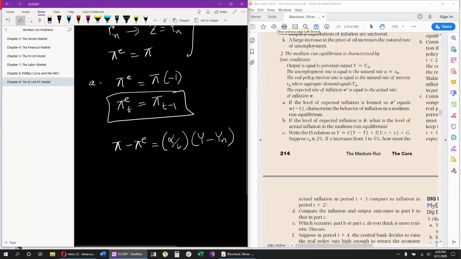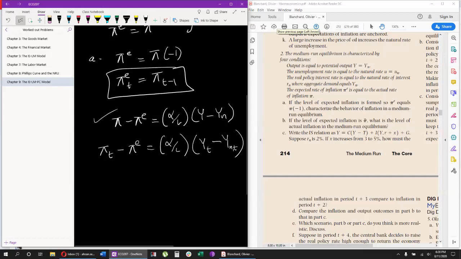Or we may also write this with the time subscript: pi t minus expected pi t equals this times output minus the natural rate of output. So they're both the same thing. Let's just use this one.